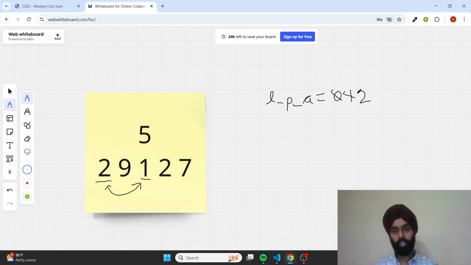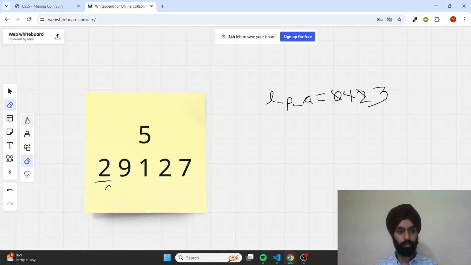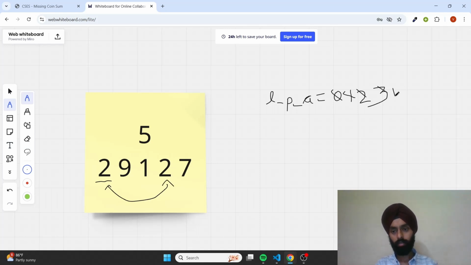The next amount is 4. Can we pay 4? Yes, we can pay 4 using both the 2 rupee coins.